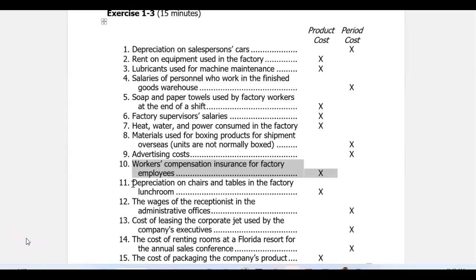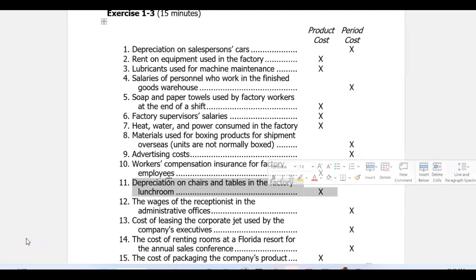Depreciation on chairs and tables in the factory lunchroom, that is manufacturing overhead. So we don't have depreciation expense for furniture in the factory. We categorize it under manufacturing overhead.